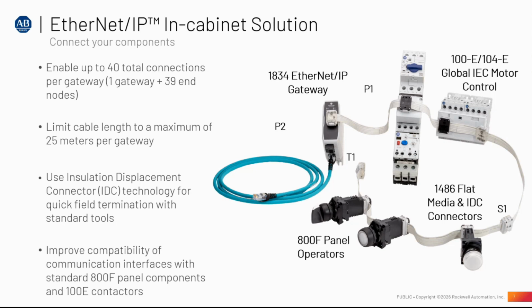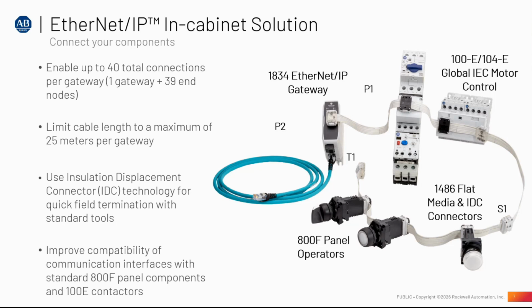The maximum length of this cable is going to be 25 meters. So from here to your last component can be 25 meters away. All of these devices can be quickly assembled. I'll also try to demo that later, but these are snap-on clips onto this ribbon cable where they puncture through the ribbon cable and make connections to the wires inside.